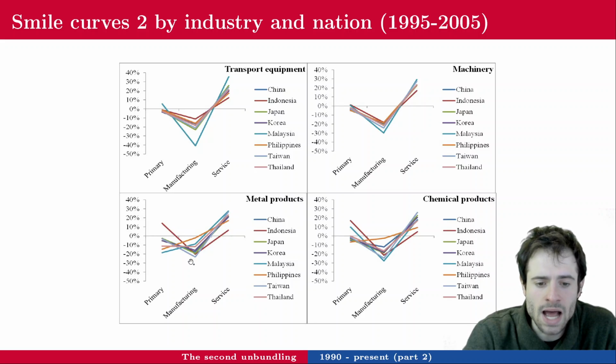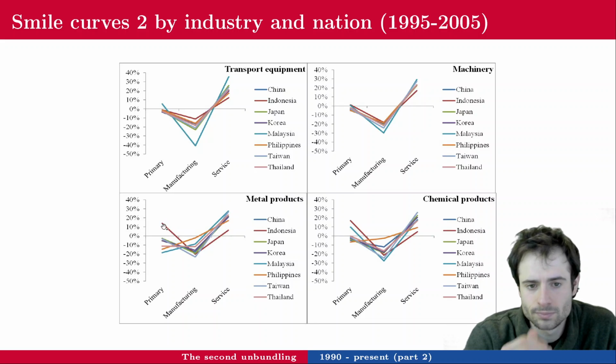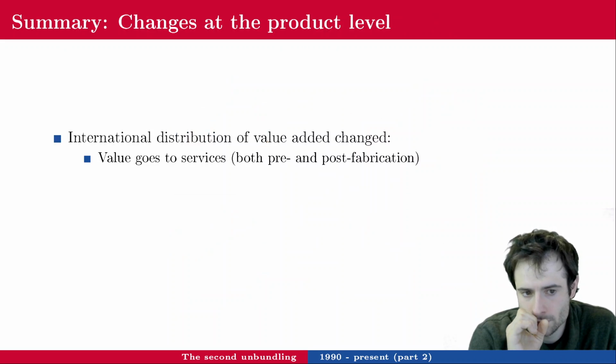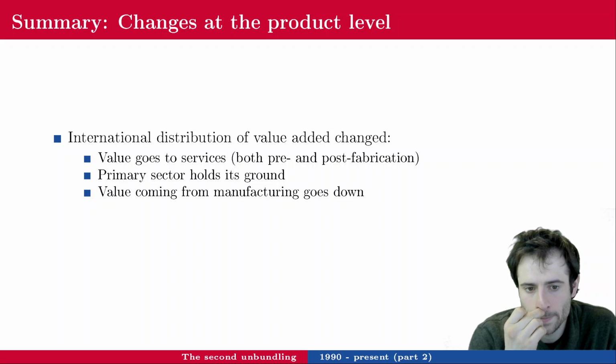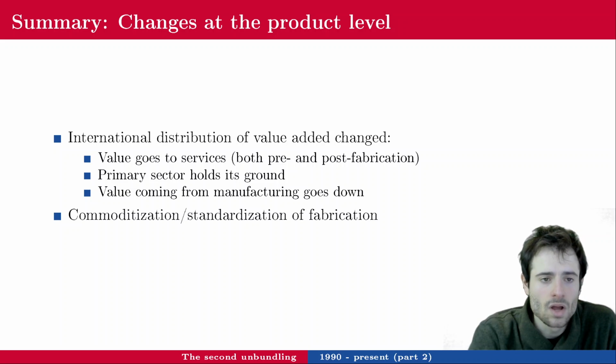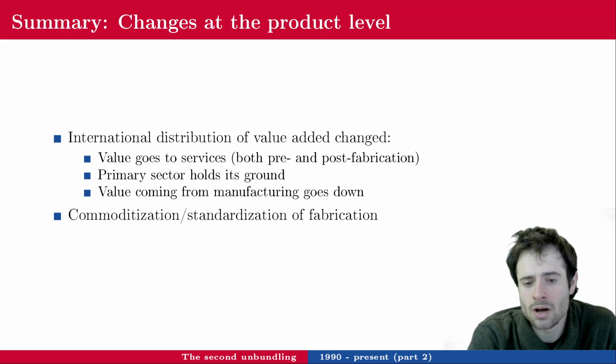All of the other ones have this dip in manufacturing, increase in service, and increase in primary. That's a result of the commoditization, that's a hard one to say as well, and the standardization of fabrication.